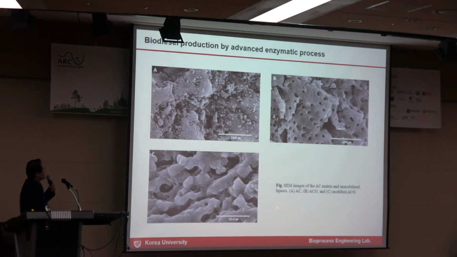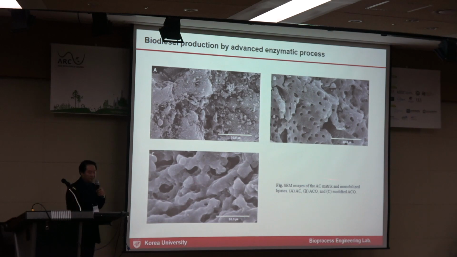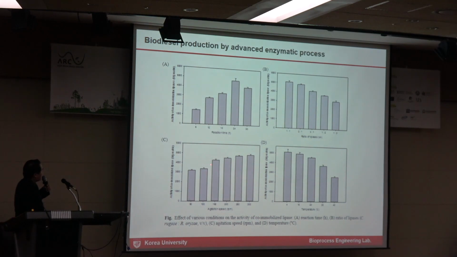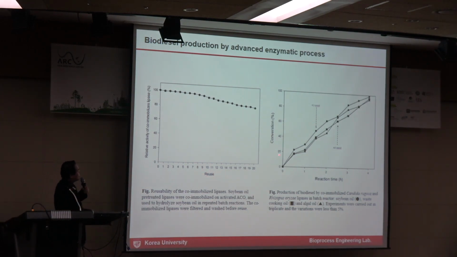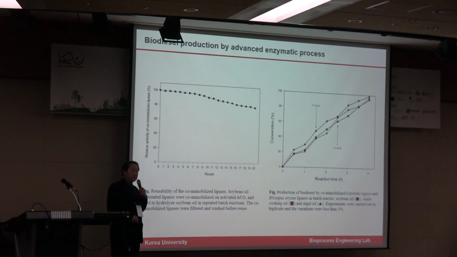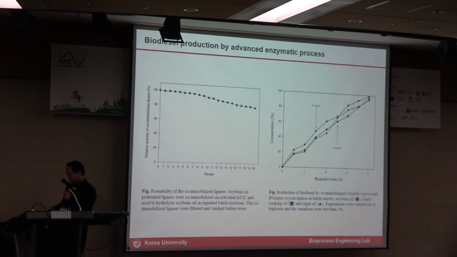This shows the SEM micrograph of the immobilized lipase on the modified graphite, the ACO. And this shows the effect of various conditions on the activity of co-immobilized lipase. So it was quite successful. And some reuse and production of biodiesel. When you use the enzymatic method, you should use a stepwise reaction because methanol is quite toxic to lipase.